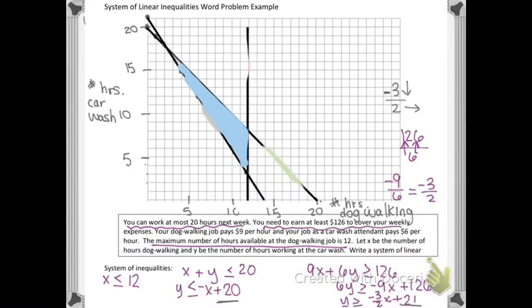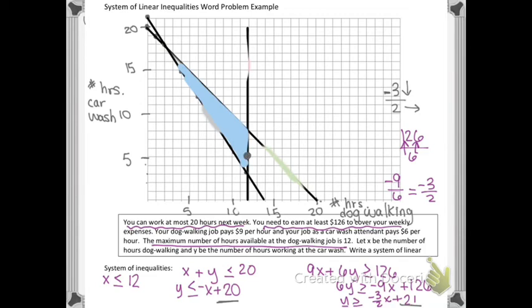It says give a sample point in the solution region and give its meaning in the context of the problem. Because these are solid lines, I can pick any point inside the solution region, or I can even pick any point that's on one of the lines. So I could pick this point right here.